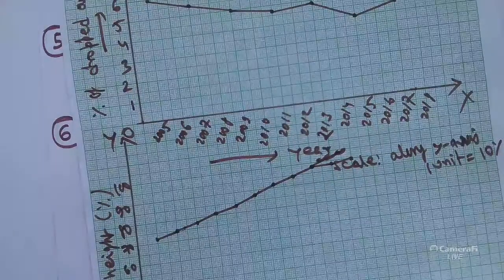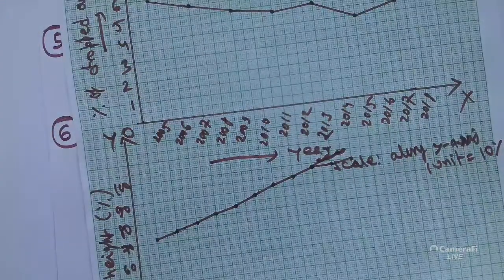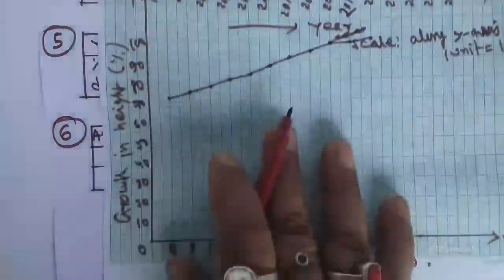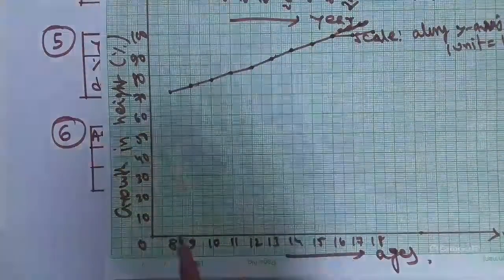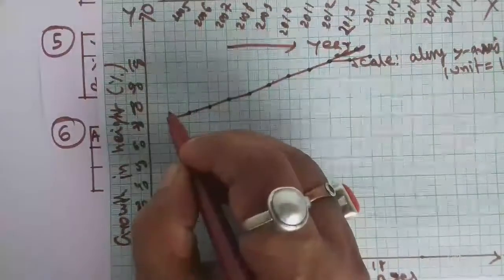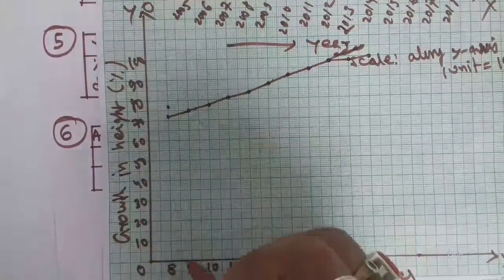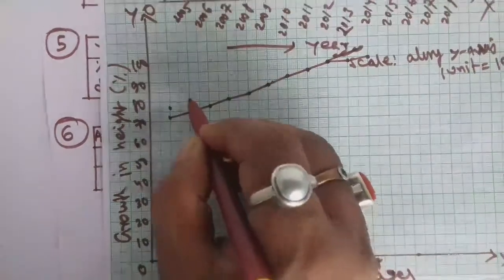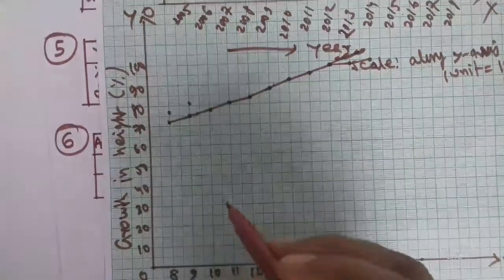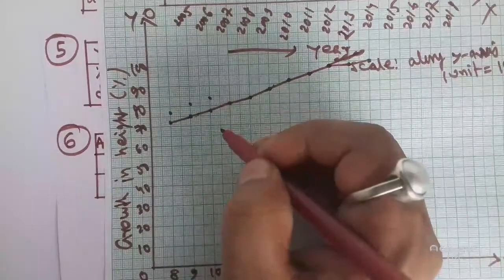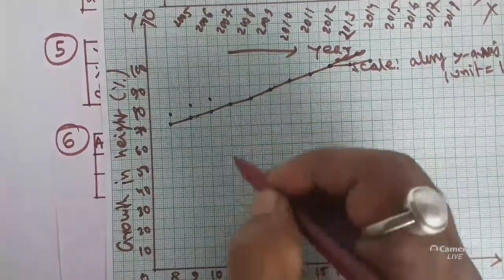Now we have to draw for girls. So for girls, first one is 77. At the age of 8, we have to take 77. So this one is 77. For 9 it is 81. For 10 84. For 11 88.